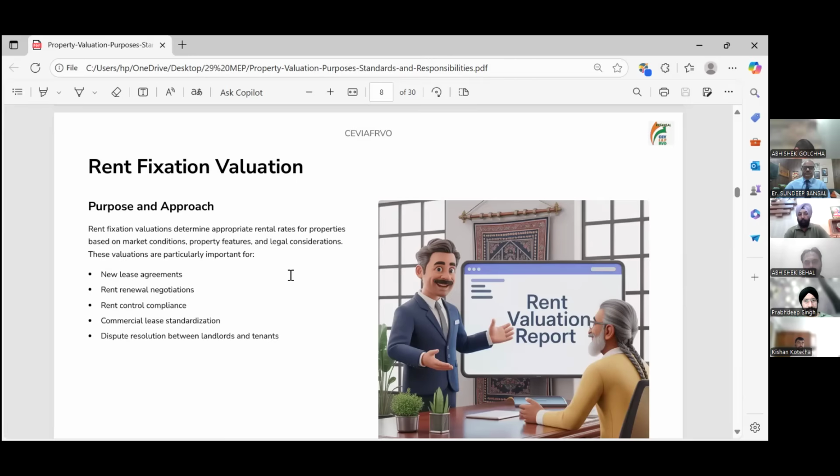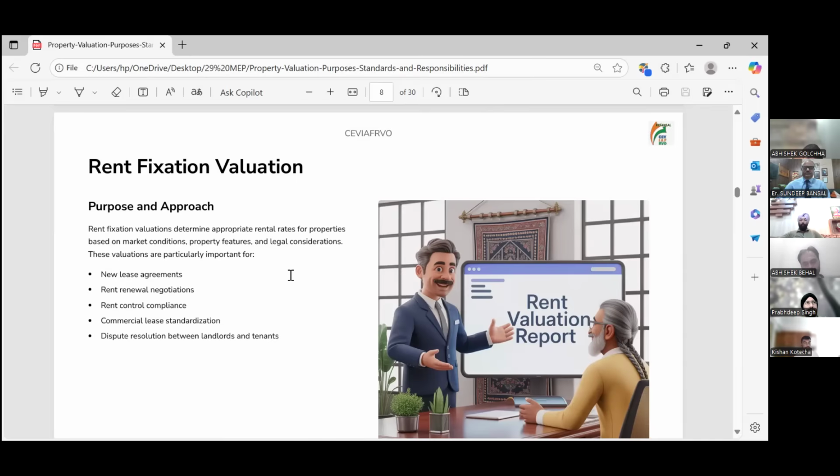Here your purpose may be to find out the standard rent, or, if it is a leasehold property with a new lease, the rent at the beginning of the lease and how much the rent is to be enhanced at different intervals.